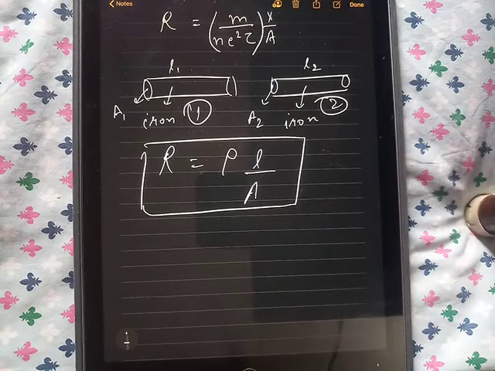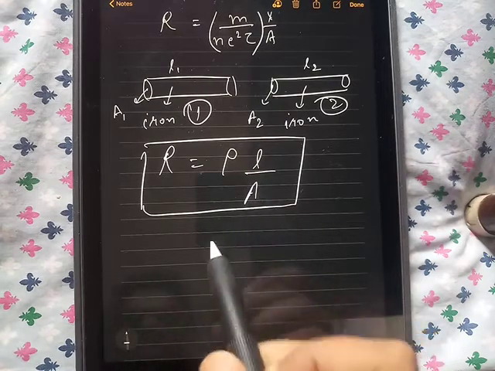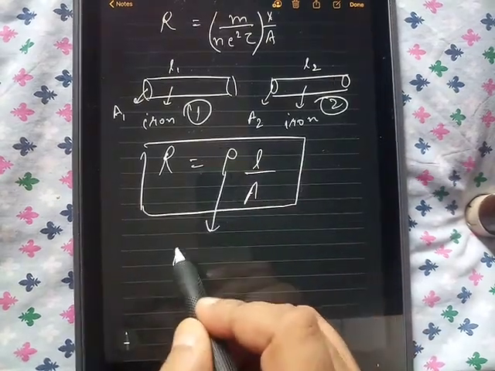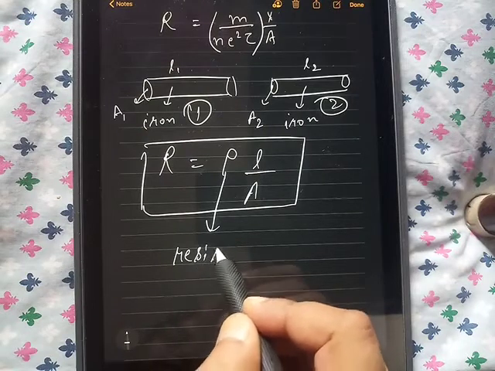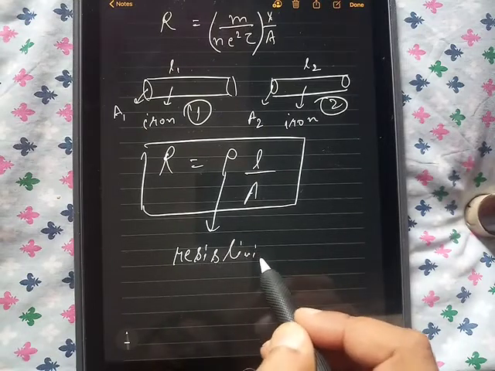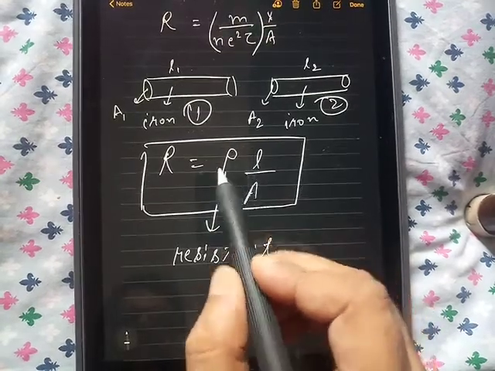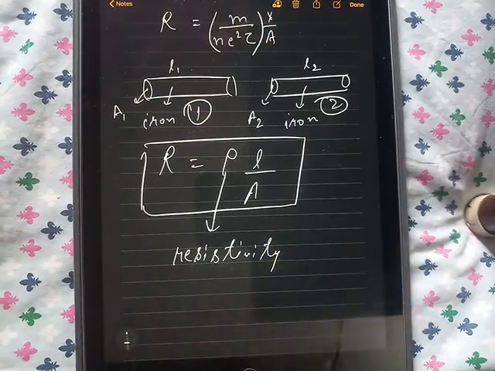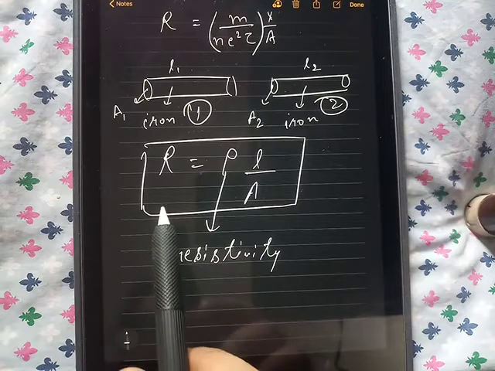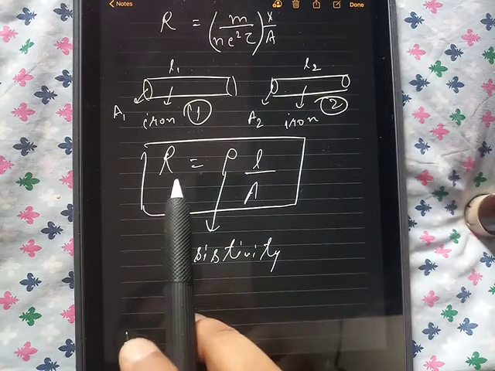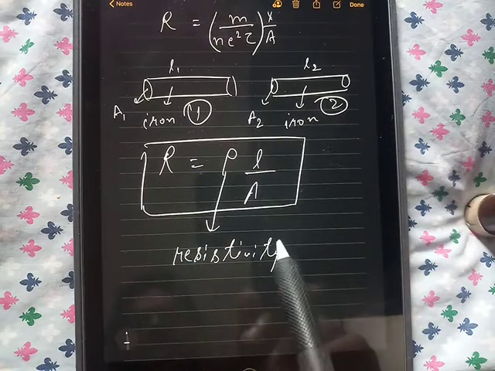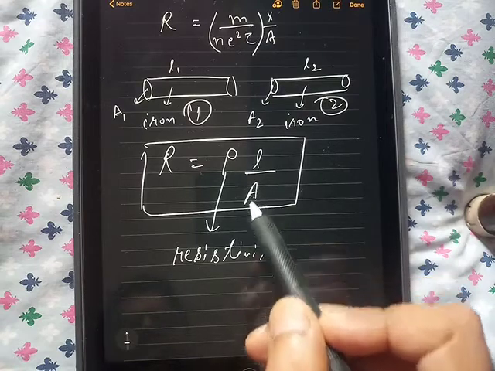Now, what is rho? It is resistivity. If we know this term resistivity, then we can easily find the resistance of any given conductor of different length and different cross-sectional area.